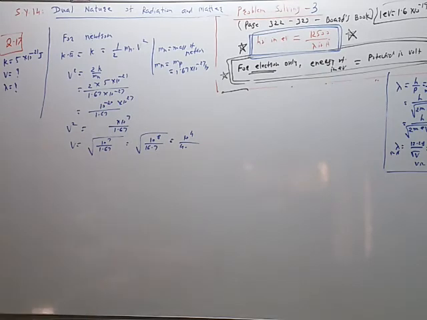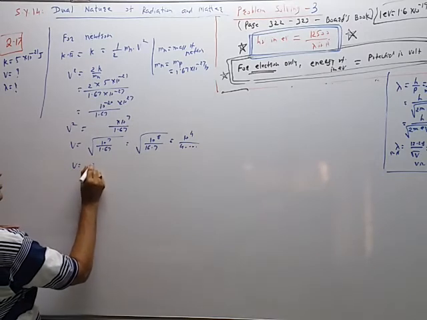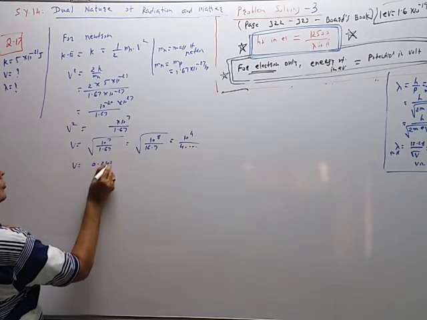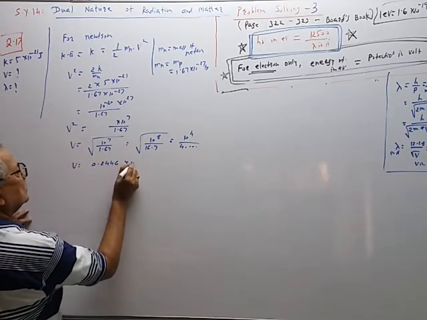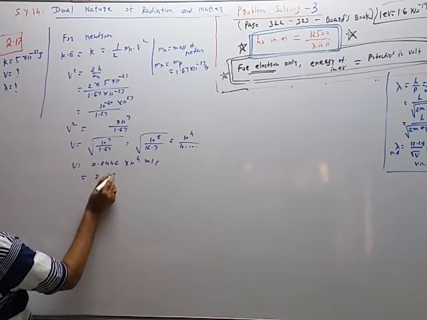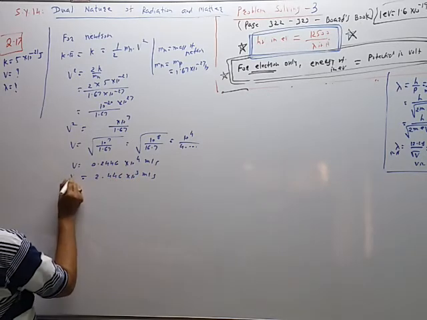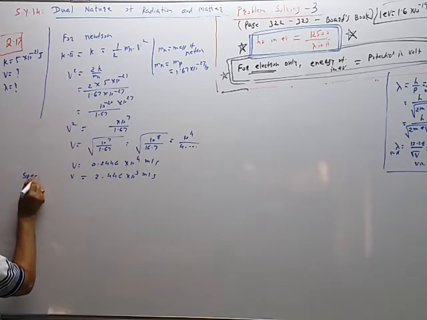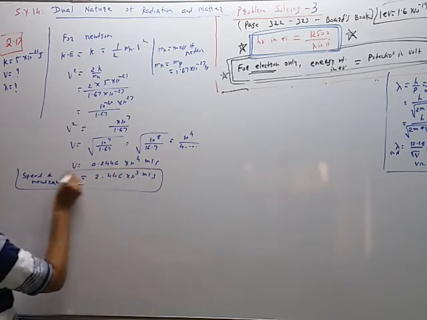Therefore V is equal to 0.2446, 0.25 actually, the answer came slightly lower. 0.2446 into 10 raised to 4 meter per second, or 2.446 into 10 raised to 3 meter per second. Speed of the neutron is this. This is the first part.